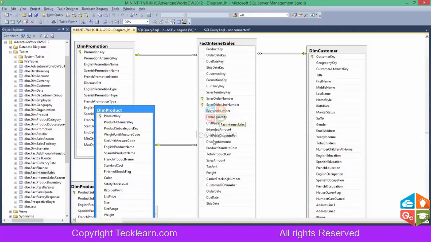The fact table will be at the center and it will be surrounded by the dimensions. For example, in this diagram, I have three dimensions, and all of them are directly pointing to a fact. There could be more than one fact, but all the dimensions should be pointed to a fact. That kind of model is called a star model, star schema.